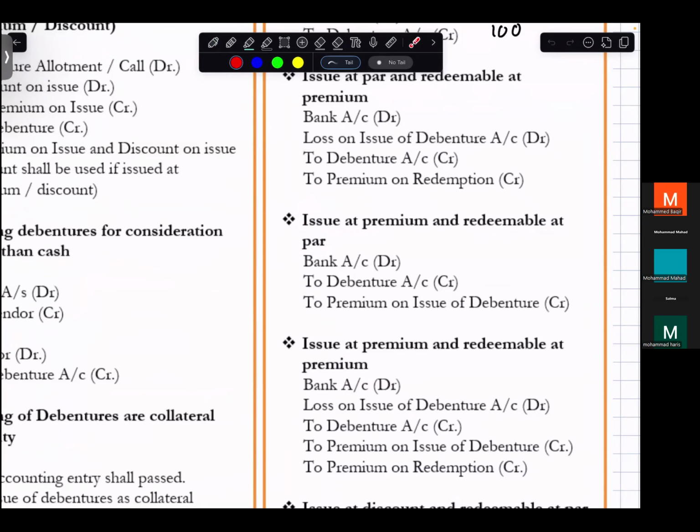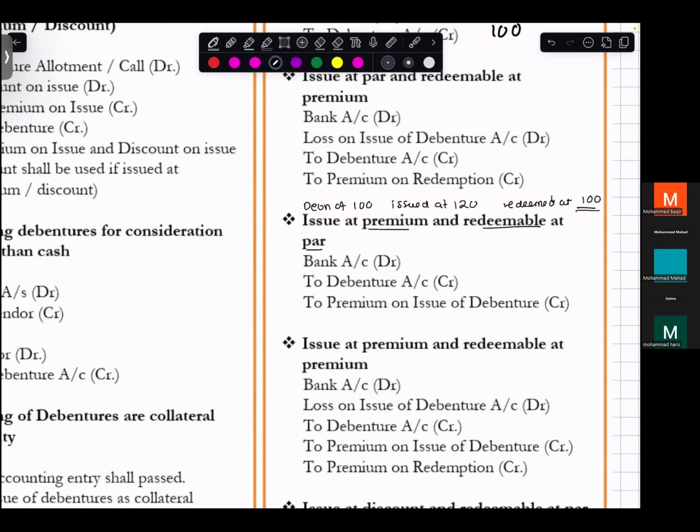So there's a debenture of 100 issued at a premium of 120. Redeemed at par means at what value will you redeem? Face value, 100.